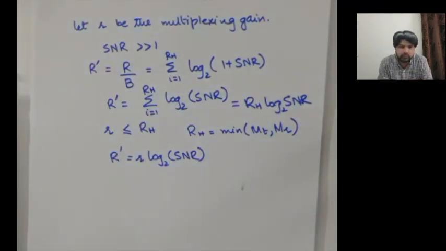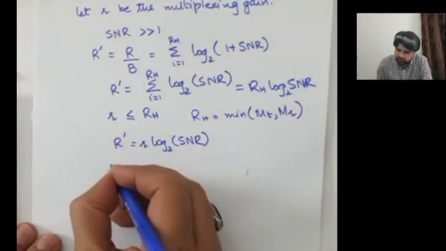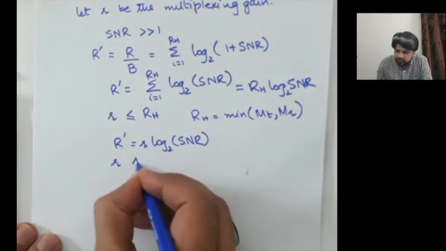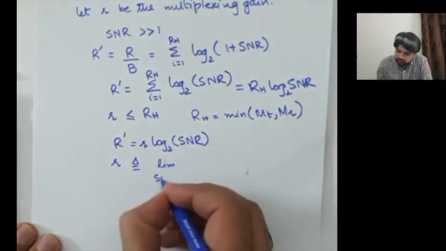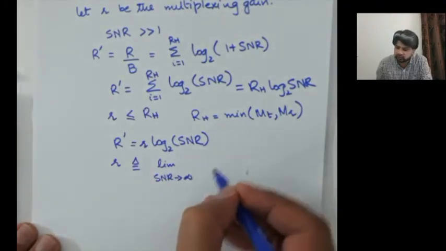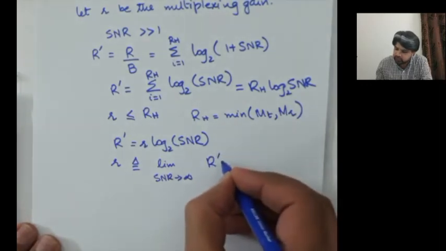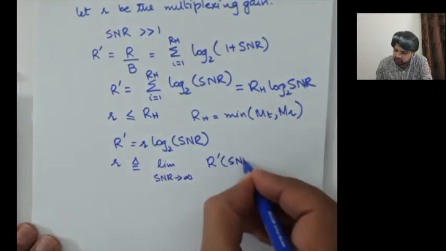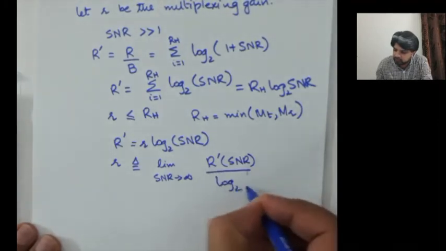And that would mean that your multiplexing gain you can then define as, in the high SNR regime, the limit as SNR approaches infinity of R prime as a function of SNR divided by log base 2 of SNR.